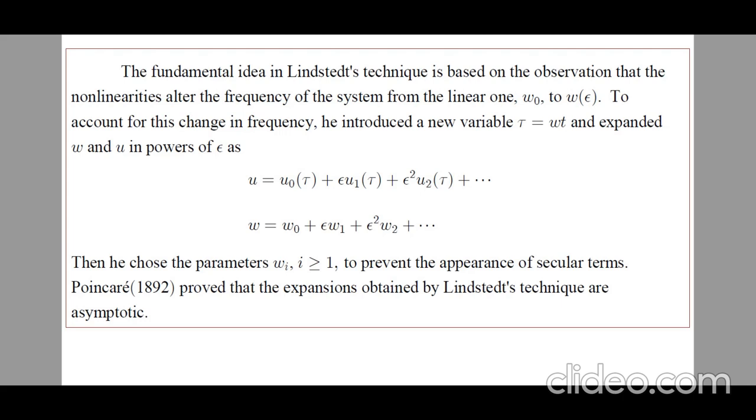Then he chooses the parameters omega i, for i greater than or equal to 1, so omega 1, omega 2, and so on, not omega naught, to prevent the appearance of the secular terms.